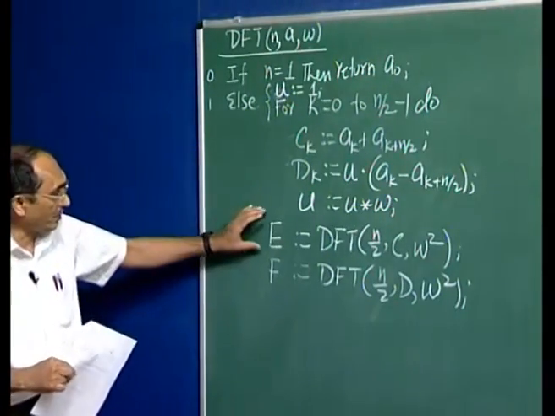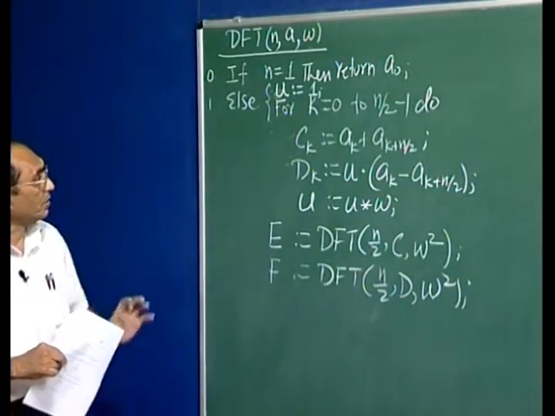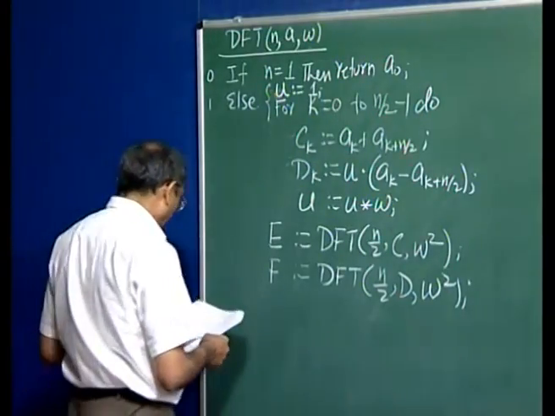So we make a recursive call for these two smaller transforms and now combine them.